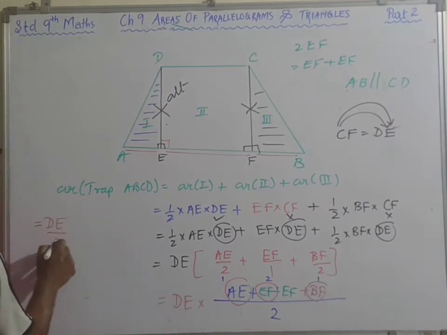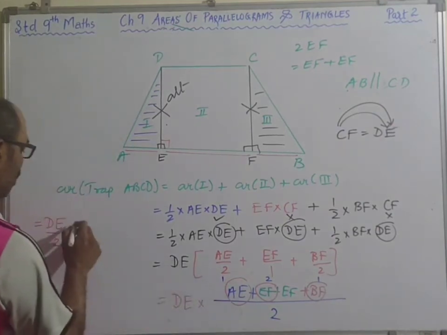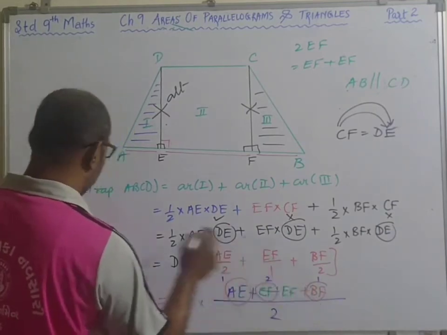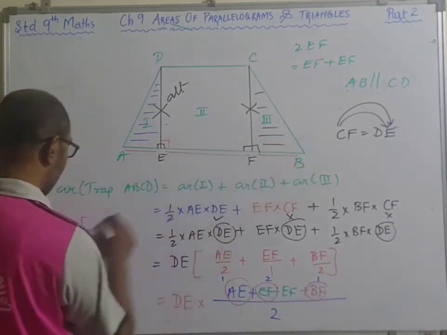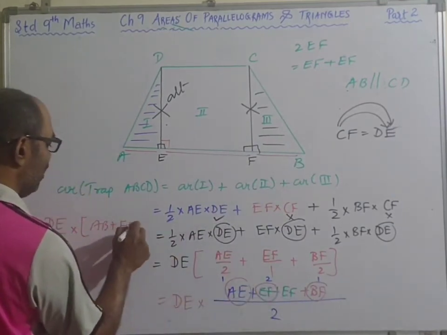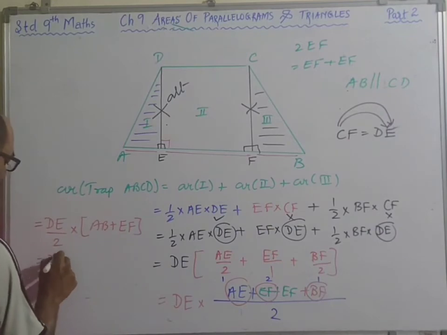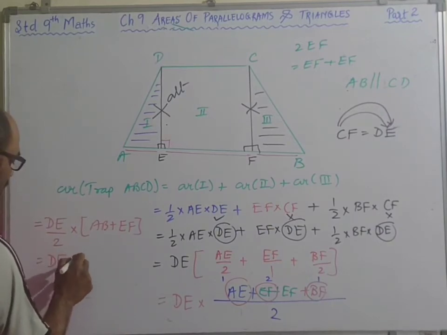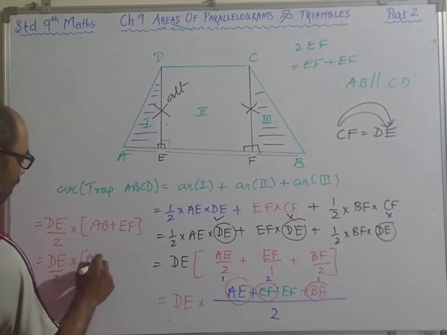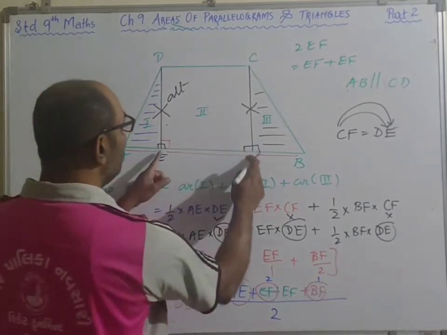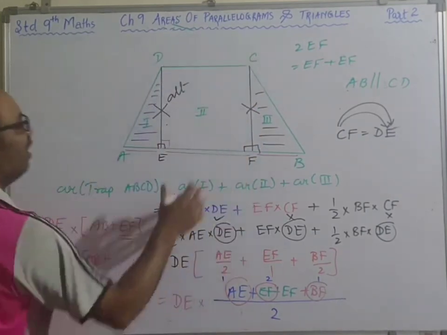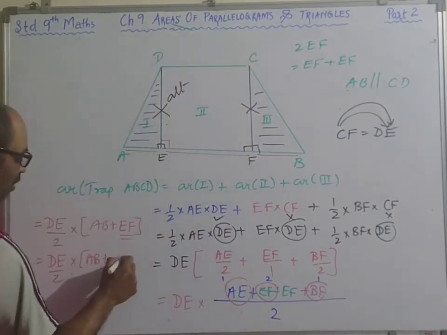DE is here. Upon 2 भी मैंने लिख दिया और into ये ब्रैकेट में AE plus EF plus BF, that is AB plus एक EF बचा है, and that is DE into half into AB plus children, this EF जो EF बचा है, that EF is equal to CD because opposite sides of rectangle, so I am writing CD.